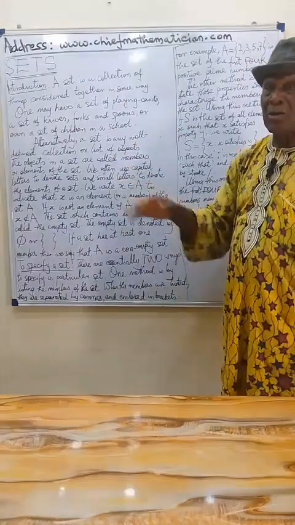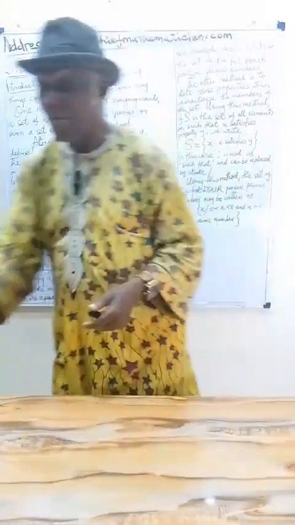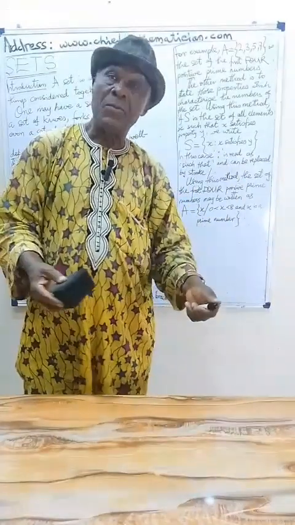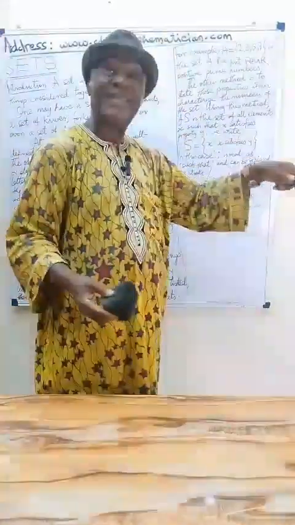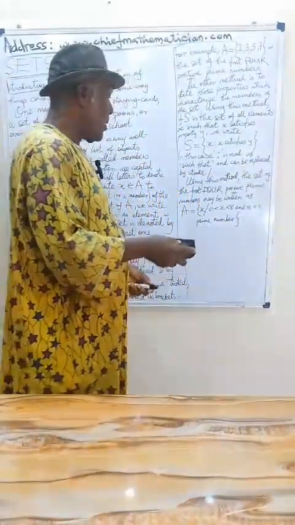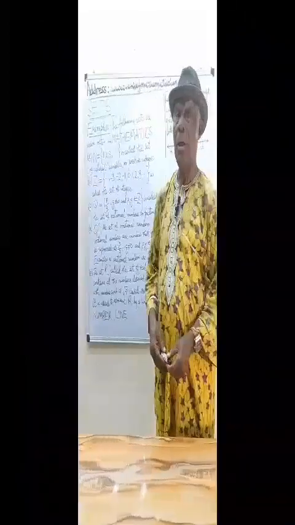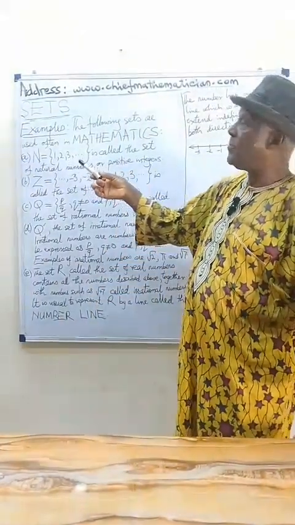So these are the two methods we can use to list the elements of a set. I mean, either you list or you write the properties that characterize them. Let us see some further examples. So we are continuing with some more examples.